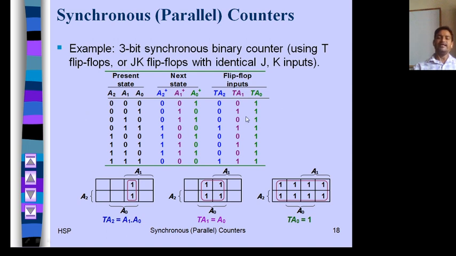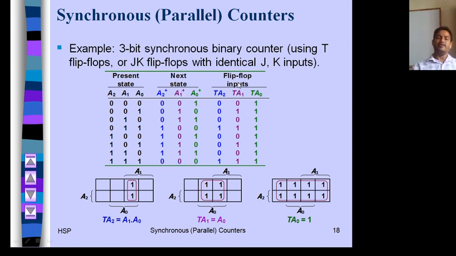Now make present state next state table. 000, next state will be 1, then 001, next state will be 2, 010, next state will be 3, then 011, next state will be 4, 100, next state will be 5, then 101, next state will be 6, 110, next state will be 7, then 111, next state is 000, again it will go to 000.